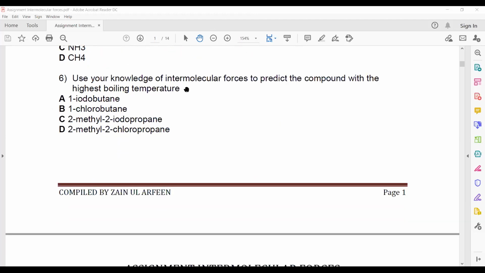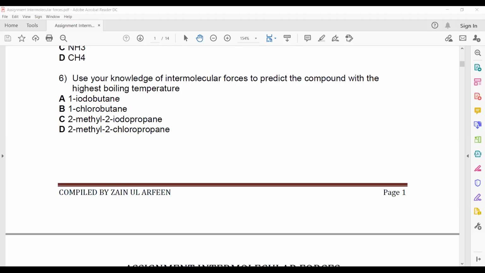Question 6. Use your knowledge of intermolecular force, predict the compound with the highest boiling point. Now here, there is a carbon chain, that's one thing. And then there's a bond between carbon and iodine.